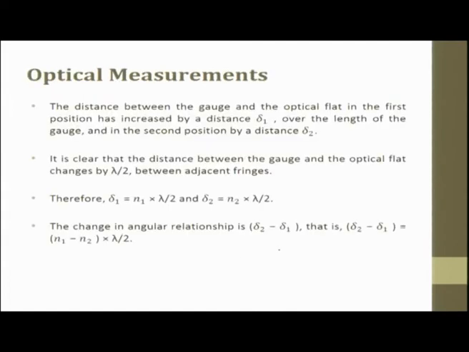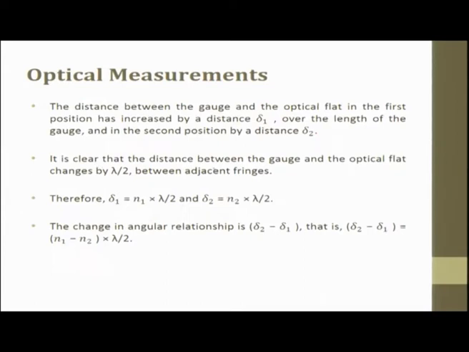So, the other optical measurements: the distance between the gauge and the optical flat in the first portion has increased by a distance delta 1 over the length of the gauge, and in the second position by a distance of delta 2.